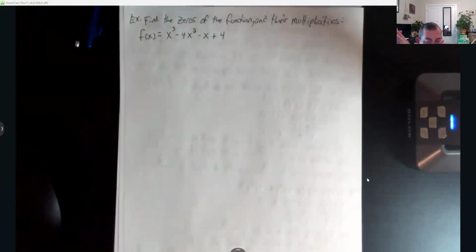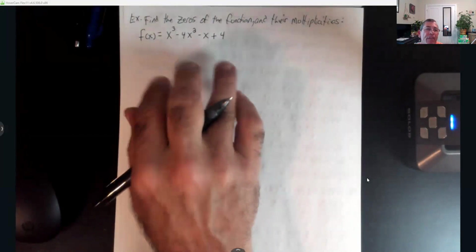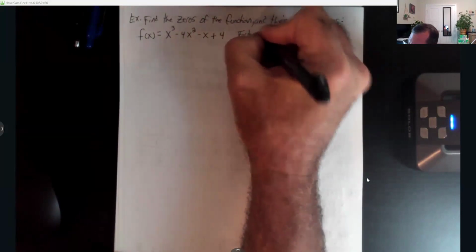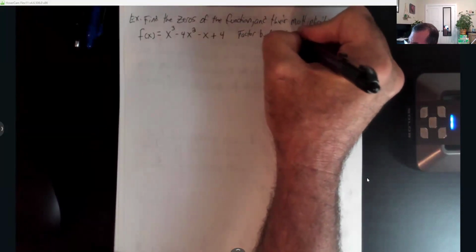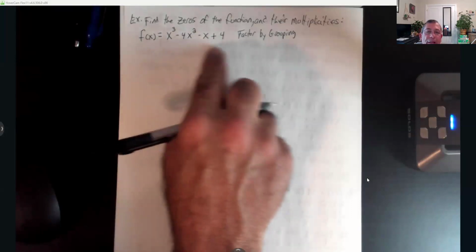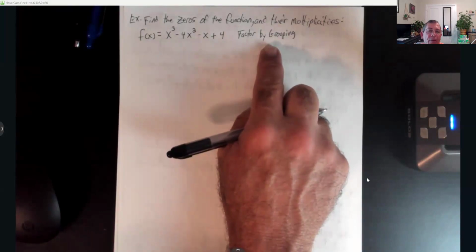So y'all, we need to do what I call factor by grouping on this one. Have y'all ever done factor by grouping? And that's really the easiest way when you got 4 terms like this. So we're going to do what we call factor by grouping.